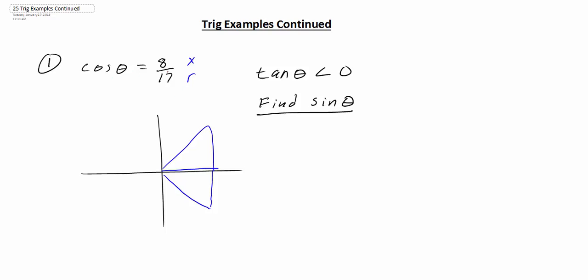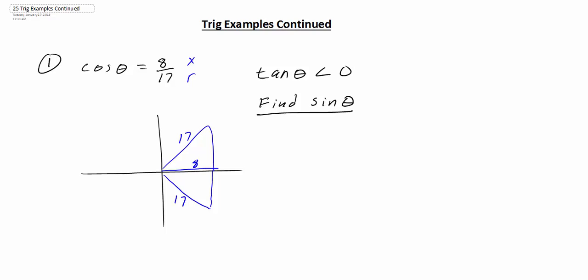So based on the cosine is 8 over 17, then we could certainly draw our right triangle here because we don't know if y is positive going up or if y is negative going down, because this side, which is the hypotenuse or the r value, is going to be 17.